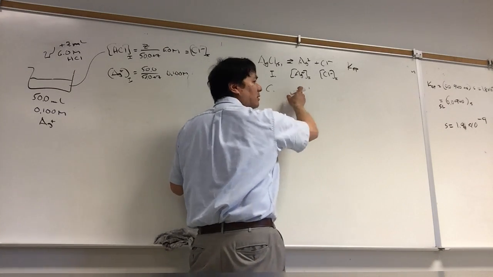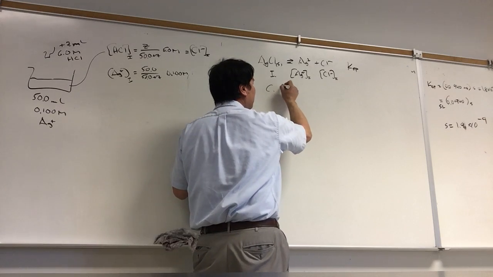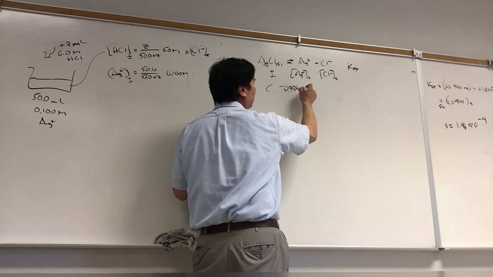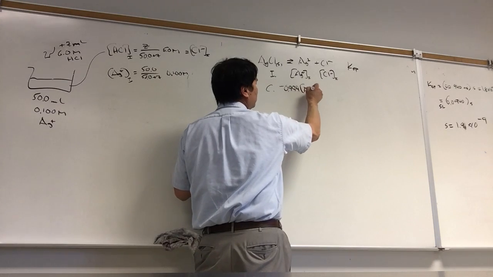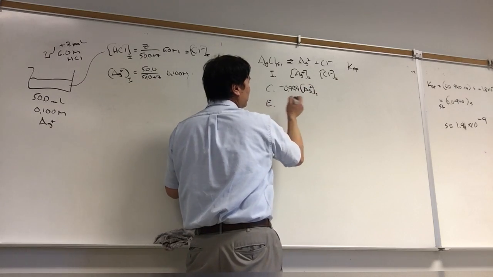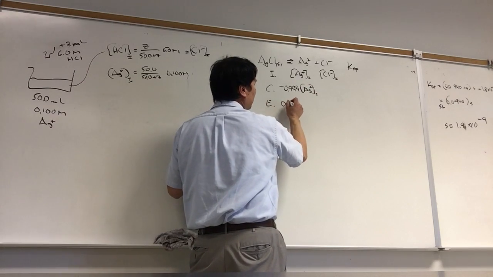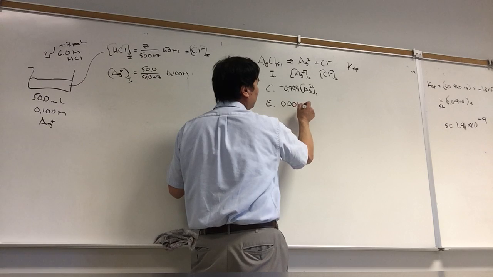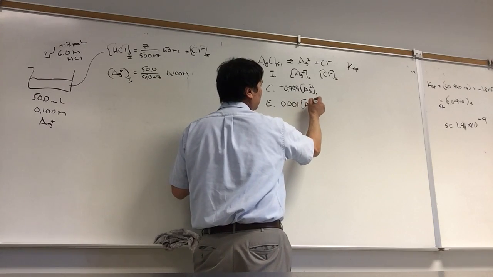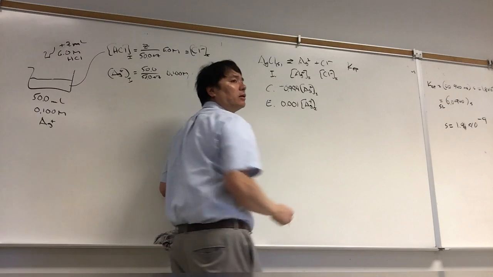And if I want to precipitate out 99.9%, then that means I'm going to lose, if this is 1, 0.999 of the original silver ion concentration. And so at equilibrium, I should be left over with 0.1% of my initial silver ion concentration.